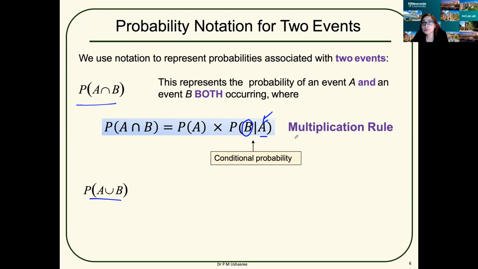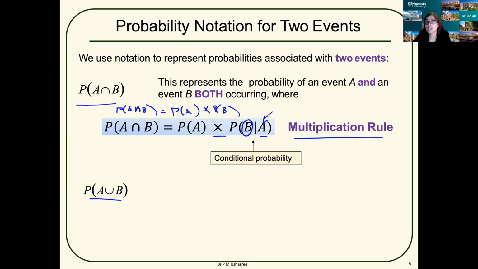Now this rule is called the multiplication rule. I can write the multiplication rule also like this. When we have two independent events, I can write the same thing as P of A times P of B. But in the other case, it's not independent.